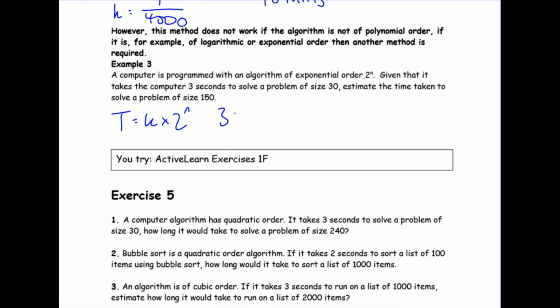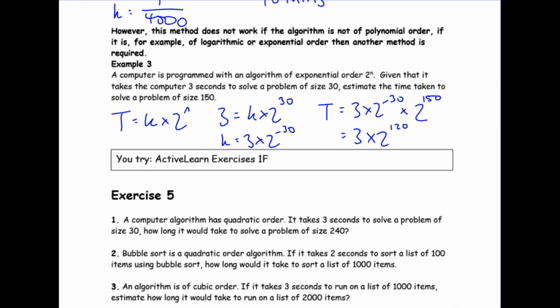So 3 equals k times 2 to the 30, and we can work out that k is 3 times 2 to the minus 30. I'm just going to do it like that. It wants us to then estimate the time to solve a problem of size 150. So if I put in my k and I put in n is 150, this is the same as 3 times 2 to the power 120 seconds, which is a long time.